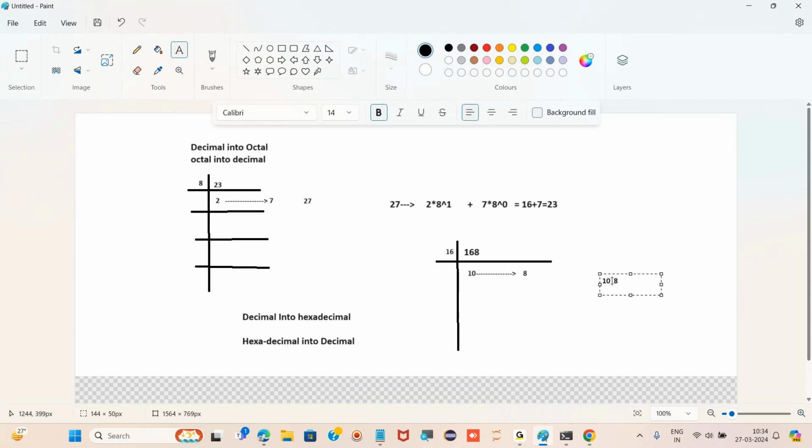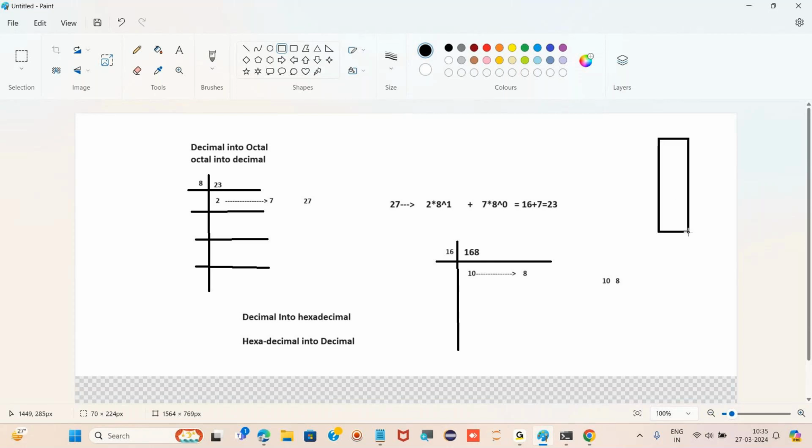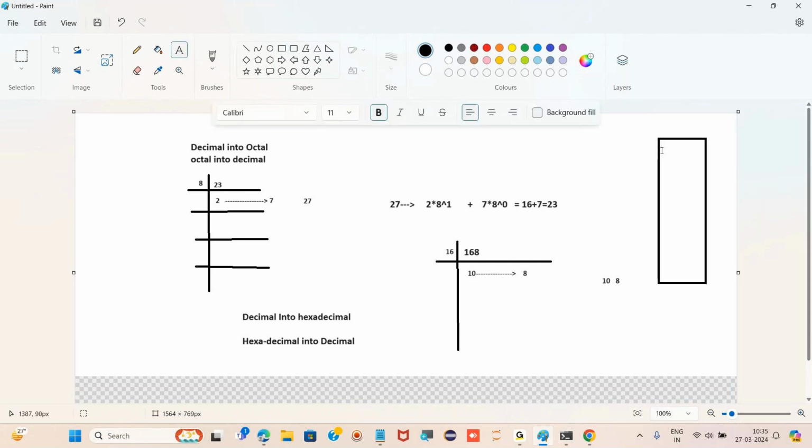10 and 8. In hexadecimal, whenever we are trying to convert any value into hexadecimal, the number should start with 1. This is normal: 2, 3, 4, 5, 6, 7, 8, 9.